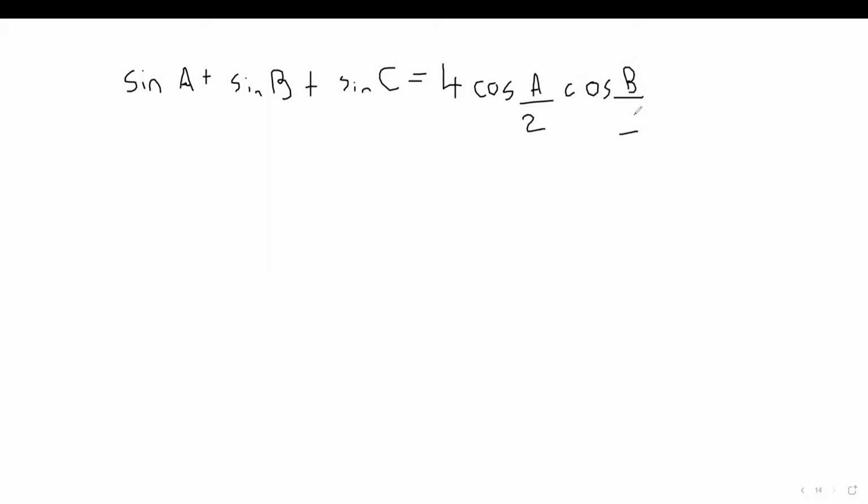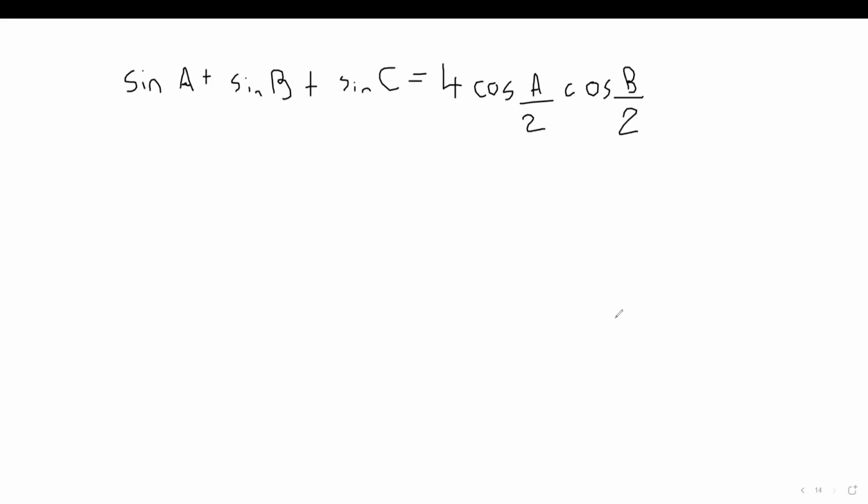Show that the sine of A plus the sine of B plus the sine of C is equal to 4 times the cos of A over 2 times the cos of B over 2 times the cos of C over 2.